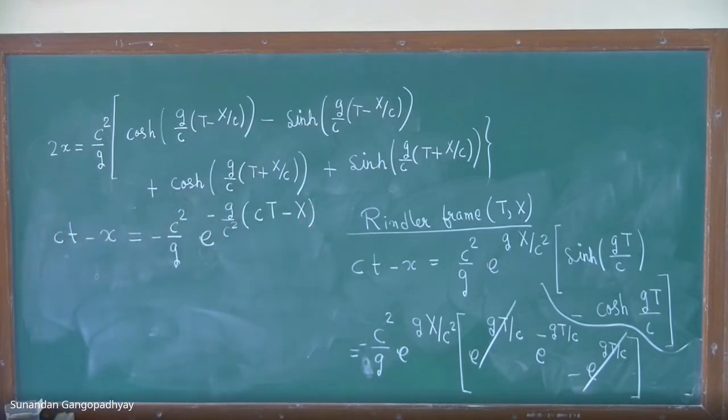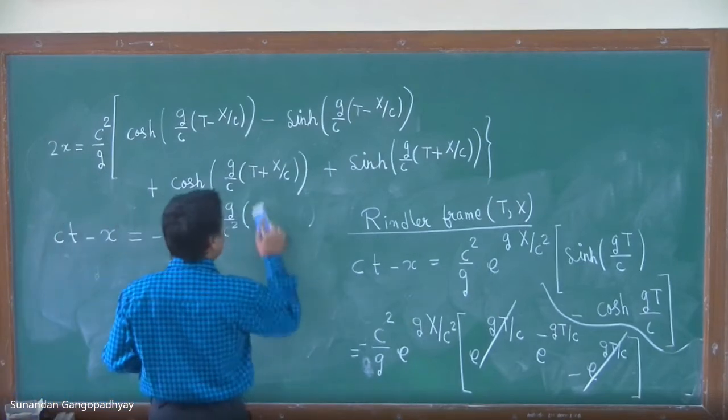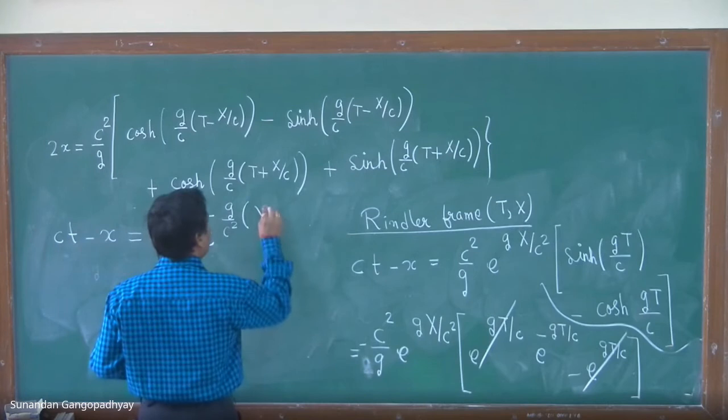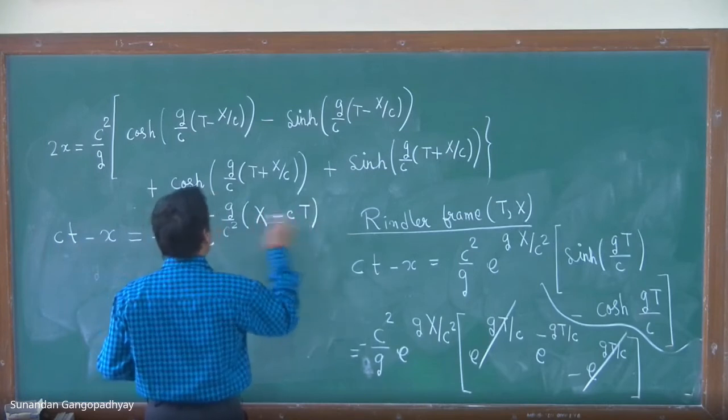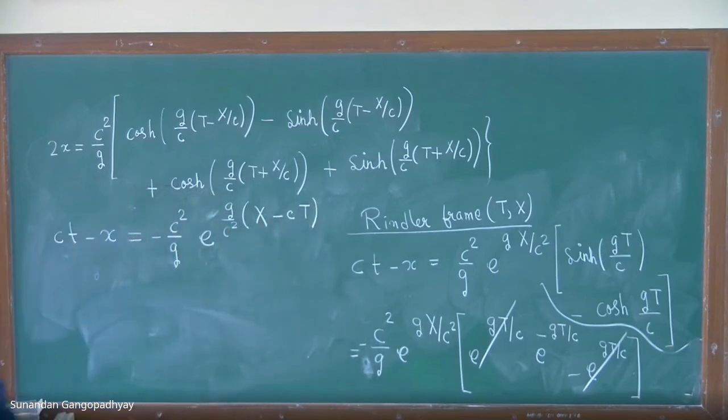This is what we get. Let me check it with my notes. So I have written it down as, I don't know. Okay. Here I have written it down without the minus sign.